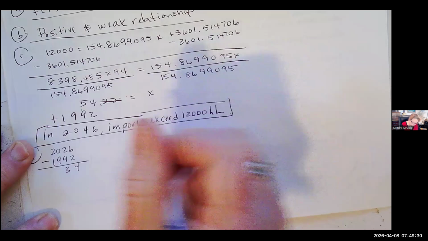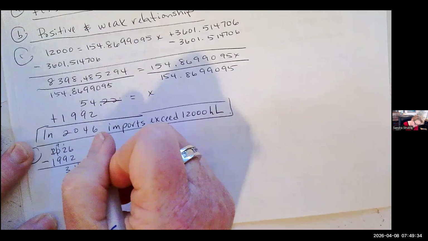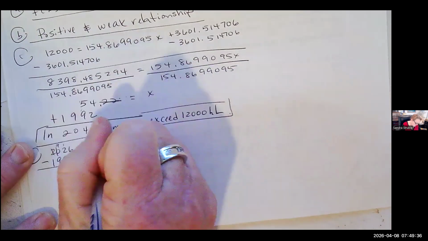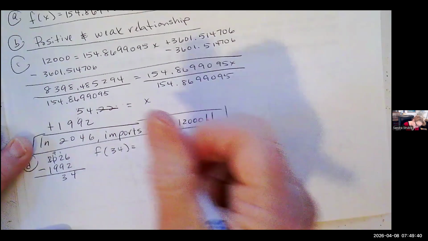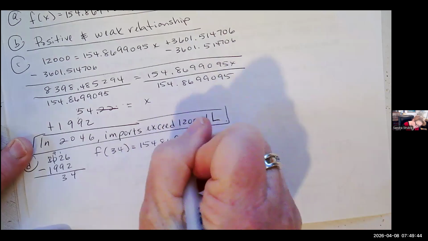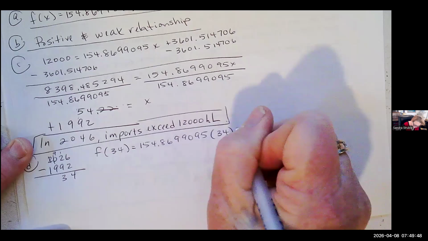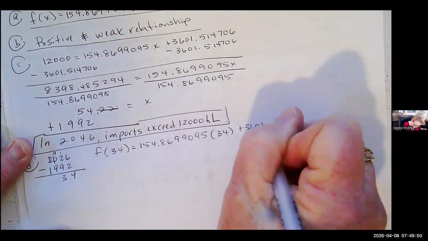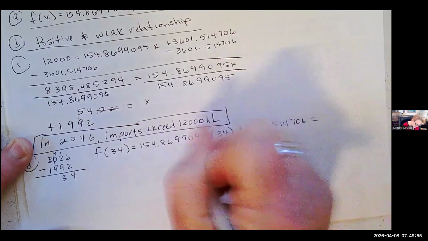Yeah. So I'm going to take my function, the f of 34, and I'm going to plug in 154.86999095. Where the x is, I'm going to put 34. And when I multiply these and then add, I get 8867.1.